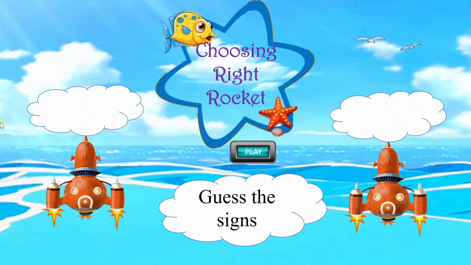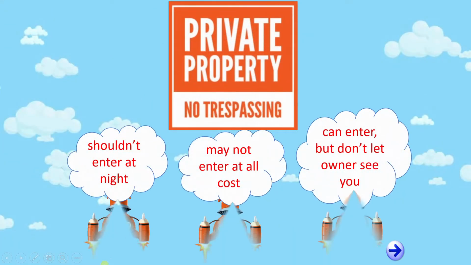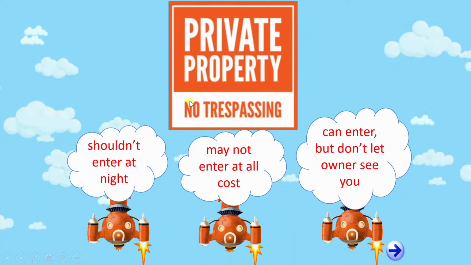Now we try to play a game together. The game is Choosing the Right Answer. Guess the sign. Are you ready? Now read it and try to choose the best answer.